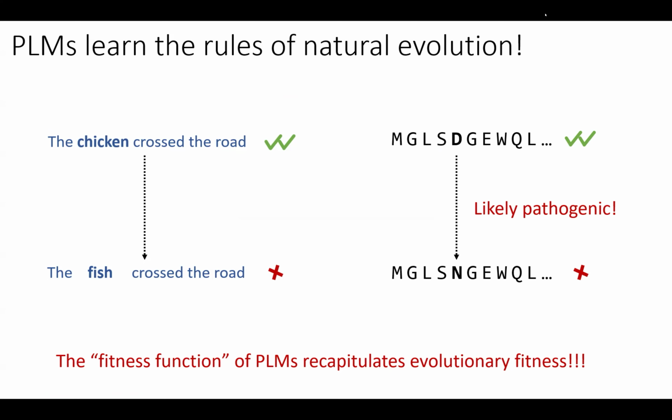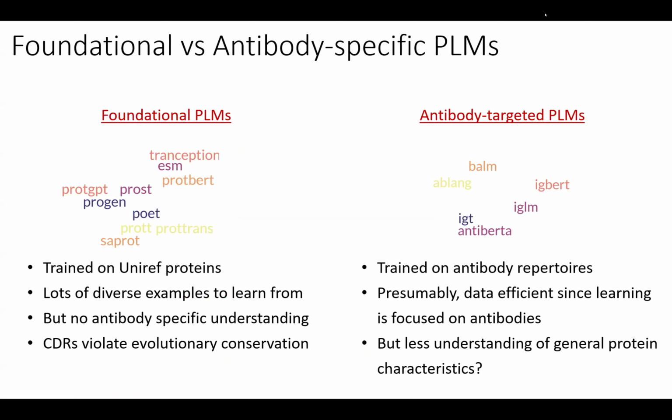With that, now let's talk about how you would apply these to antibody repertoires. Here you have two choices. You can take off-the-shelf foundational PLMs trained on general purpose proteins and use them. Or there are methods where folks have taken just antibody sequences and applied the same technology to train the language model.